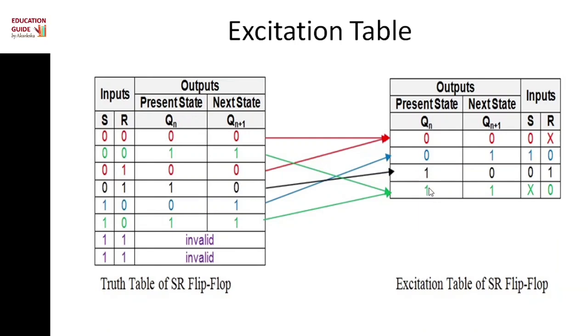Finally, give input 1 and 1, then we combine two states, in which S is don't care, and in place of R it will be 0. So we can find the excitation table of the SR flip-flop with the help of the truth table of the SR flip-flop.